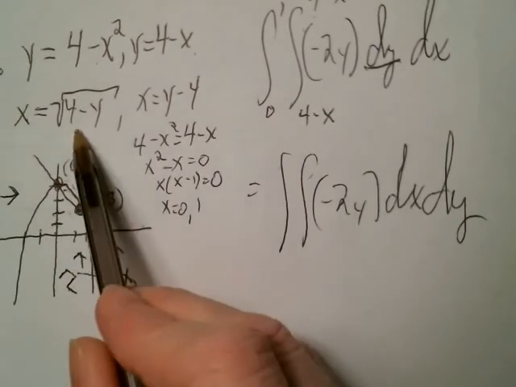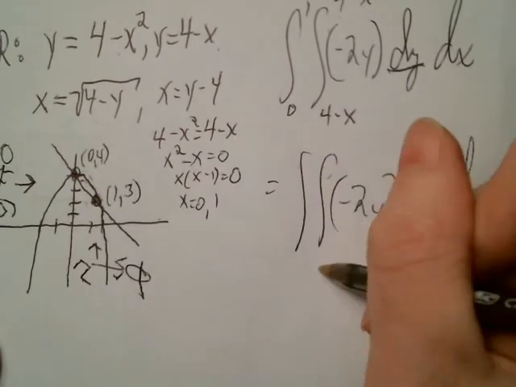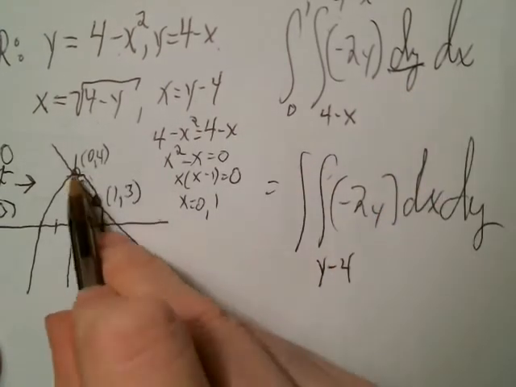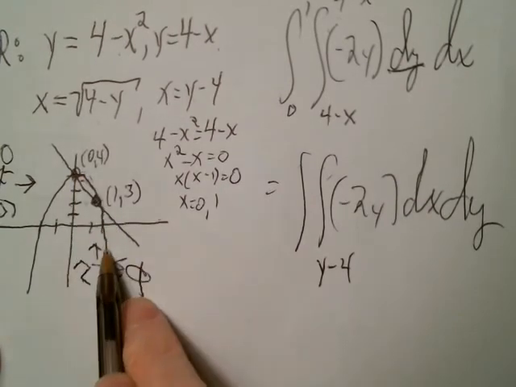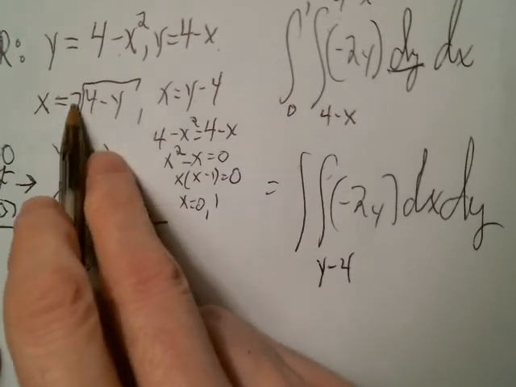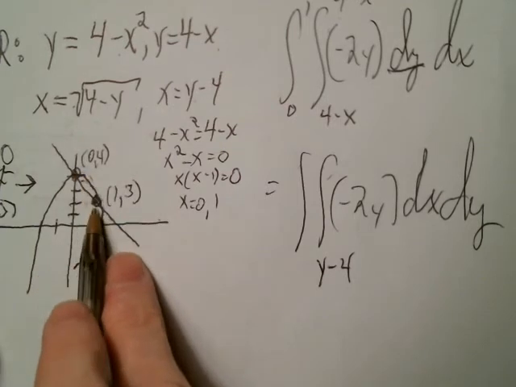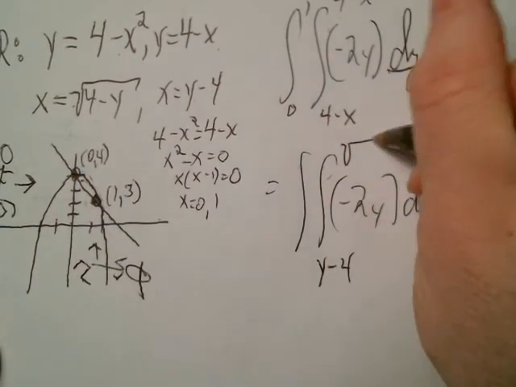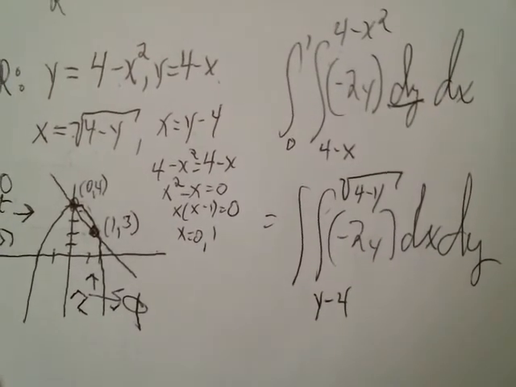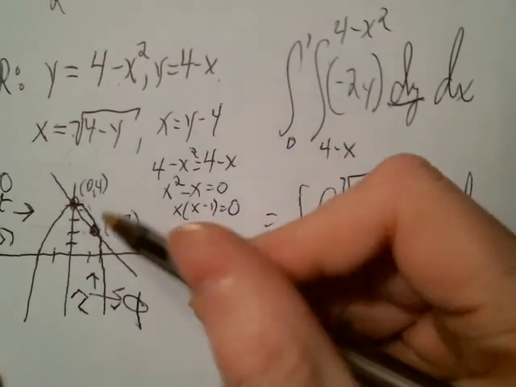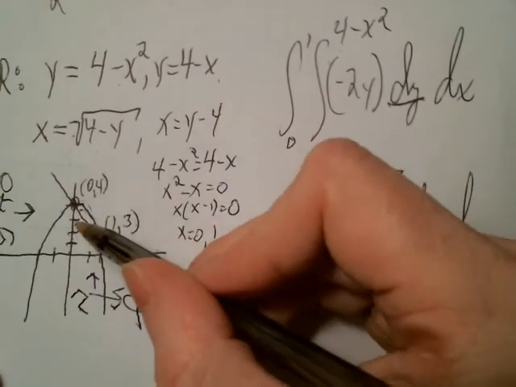So x equals 4 minus y. And then the right portion is the parabola, and this is the positive root part. If we had plus or minus, the negative part would be this part. So I don't need that part. I just need this part for the right side. Okay, so that would be the square root of 4 minus y. And then the Riemann man is running from the y coordinate 3 to the y coordinate 4. Okay, he's going from 3 to 4.